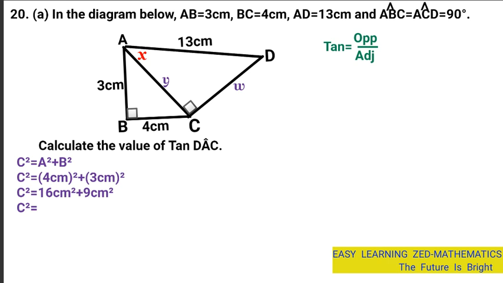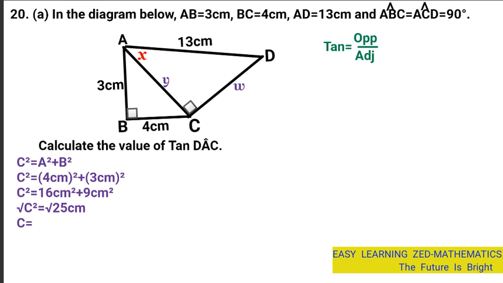Then we find the square root of both sides. The square root of c squared is c, and the square root of 25 centimeter squared is 5 centimeter. So it's going to be 5 centimeter.